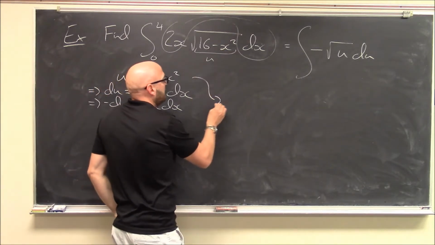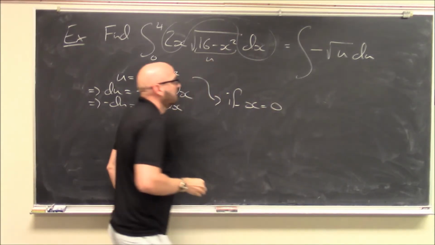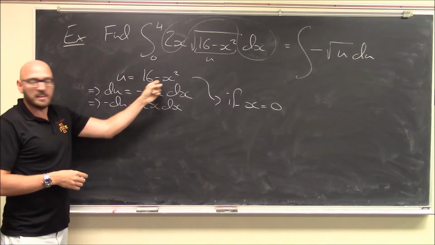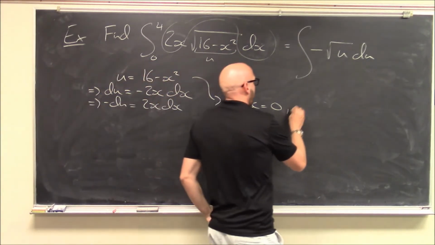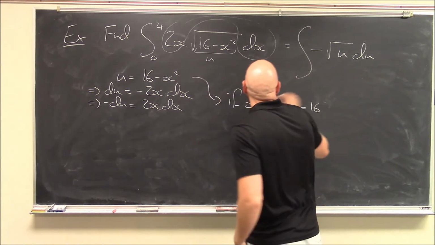Alright, so here, if x is 0, then what's u going to equal? If x is 0, u is 16. And it turns out, for reasons, that's my new lower bound.